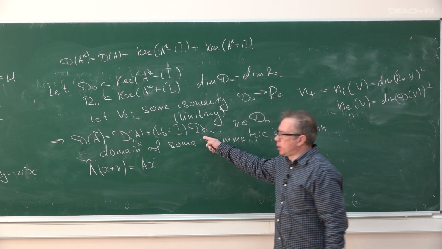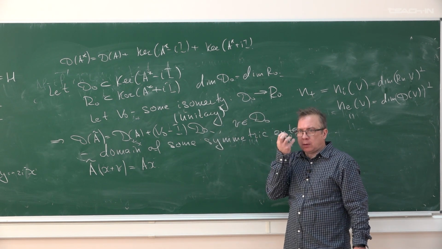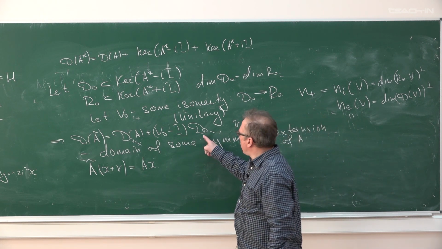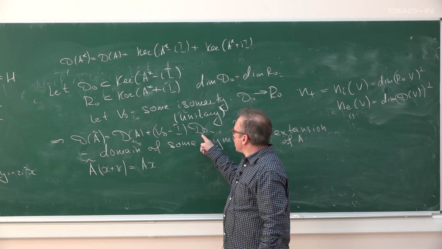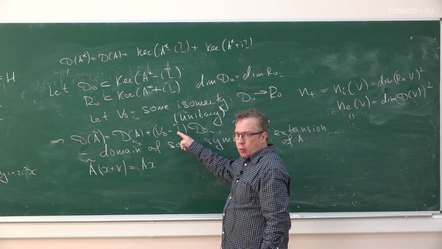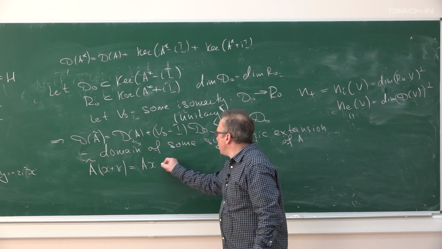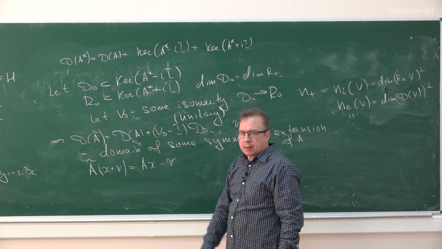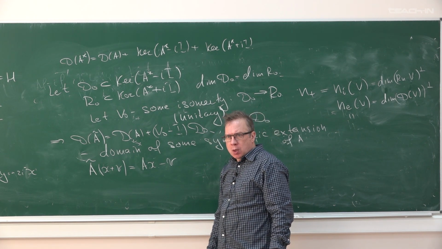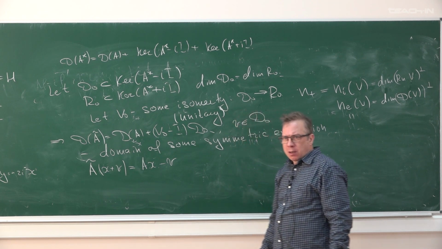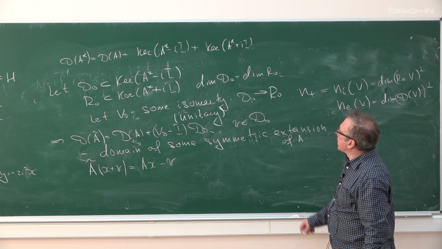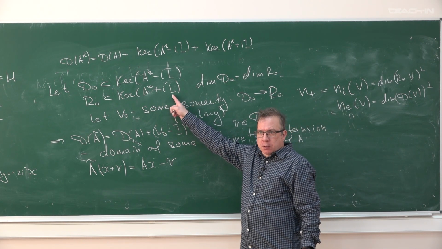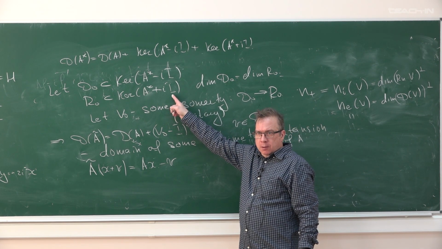And here what do we have? Here we have minus the identity operator on D0, so minus V. And here V0 acts on D0.